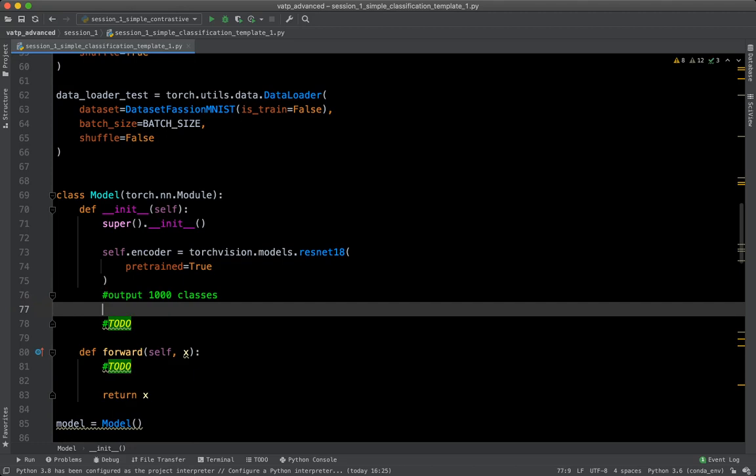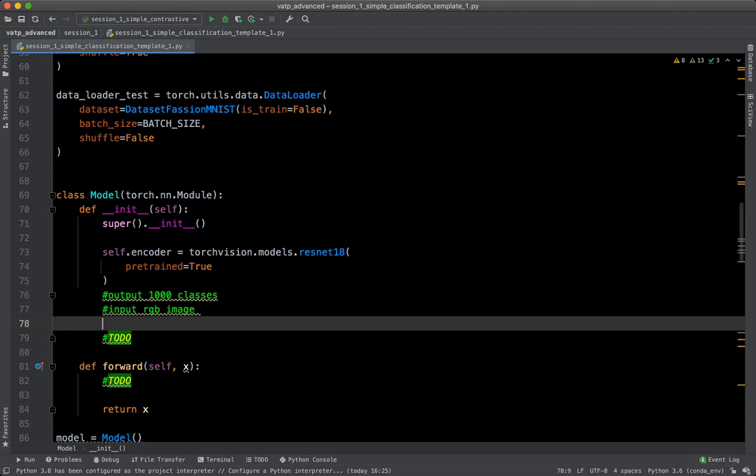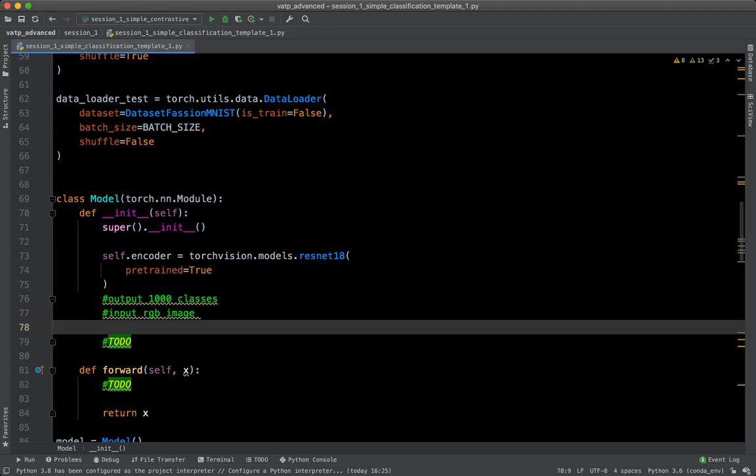The other is that the input is an RGB image, but the images that we have now are grayscale fashion items, like trousers, shorts, and stuff like that. That is the dataset. Maybe let me show you around a little bit.